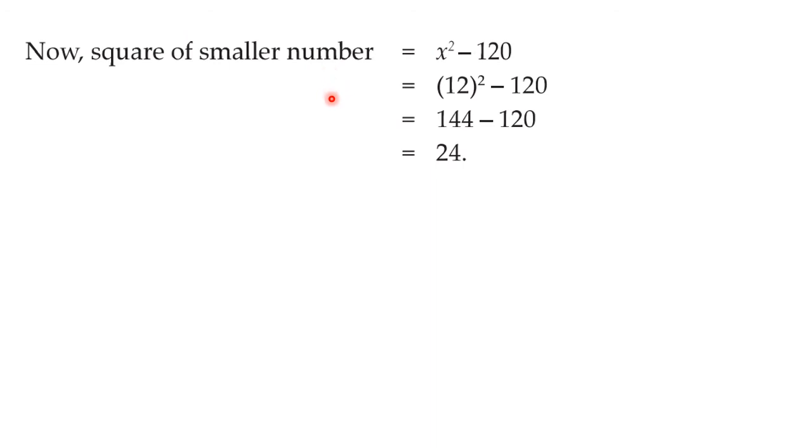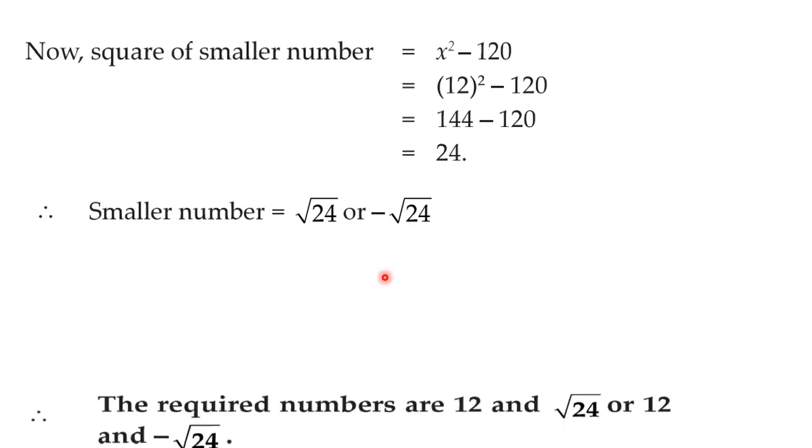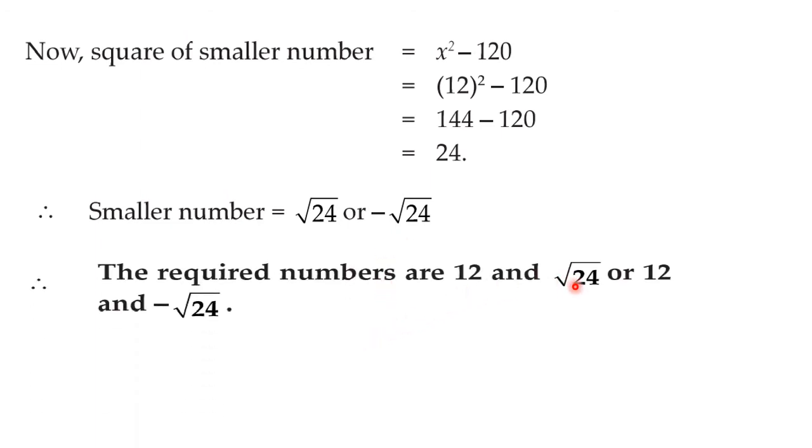So here the smaller number can be plus root 24 or minus root 24. All of you know that every square has two roots, one positive and the other negative. So we have to think of both the roots here, either plus or minus. And from that we can write down the numbers as either 12 and plus root 24 or 12 and minus root 24.